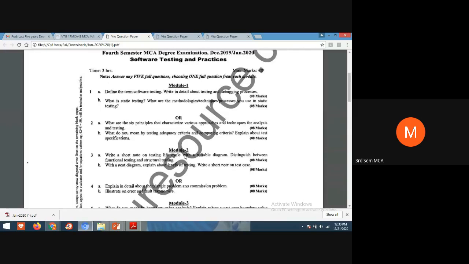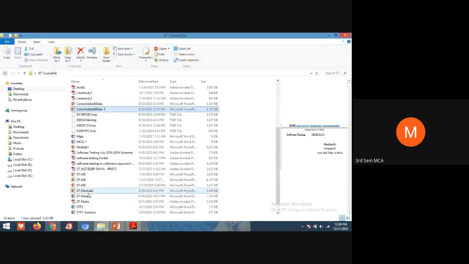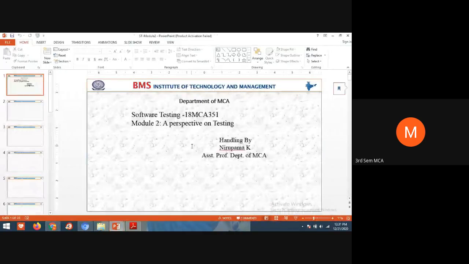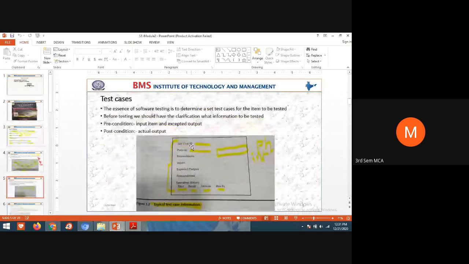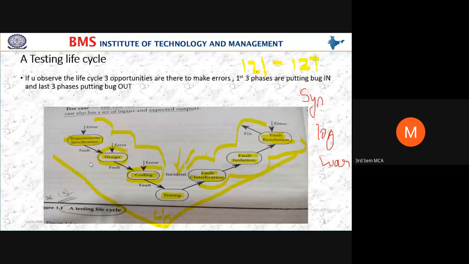Second, module 2, write a short note on testing life cycle with a suitable diagram. Distinguish between functional testing and structural testing. Testing life cycle, that waterfall model cycle. So this is testing life cycle, students.